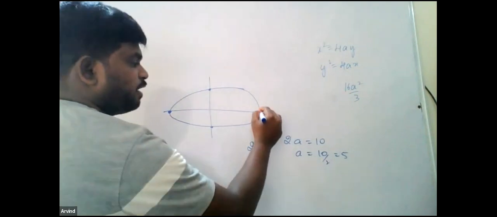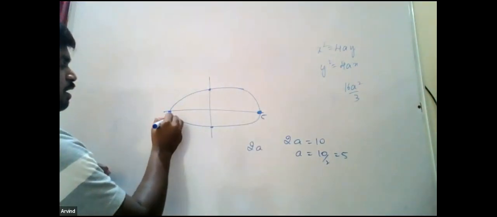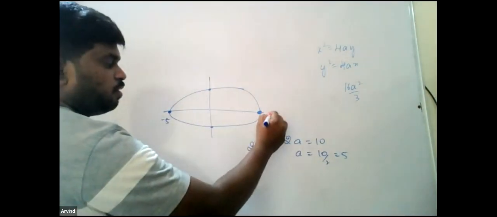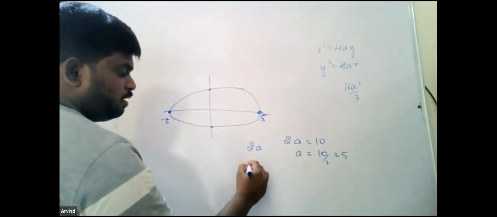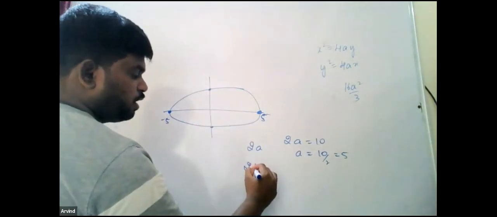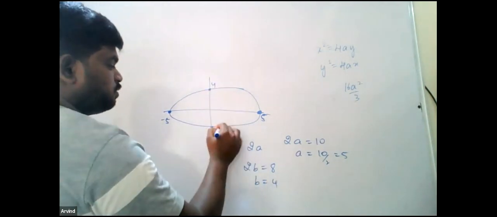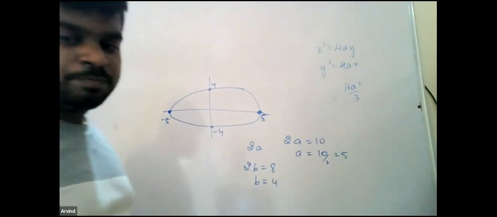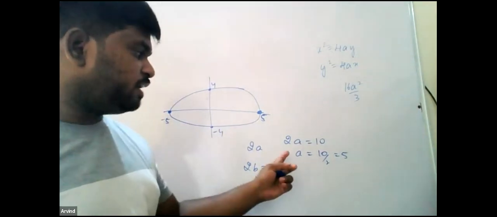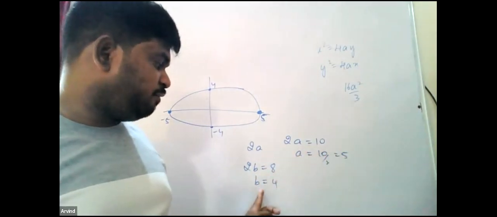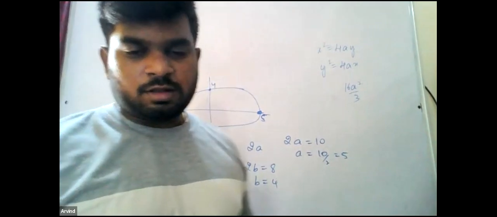So here it is positive 5 and here negative 5. Similarly this is 8, which is 2B, therefore B is equal to 4, so positive 4 and negative 4. So here itself you got the values: A is 5, B is 4.